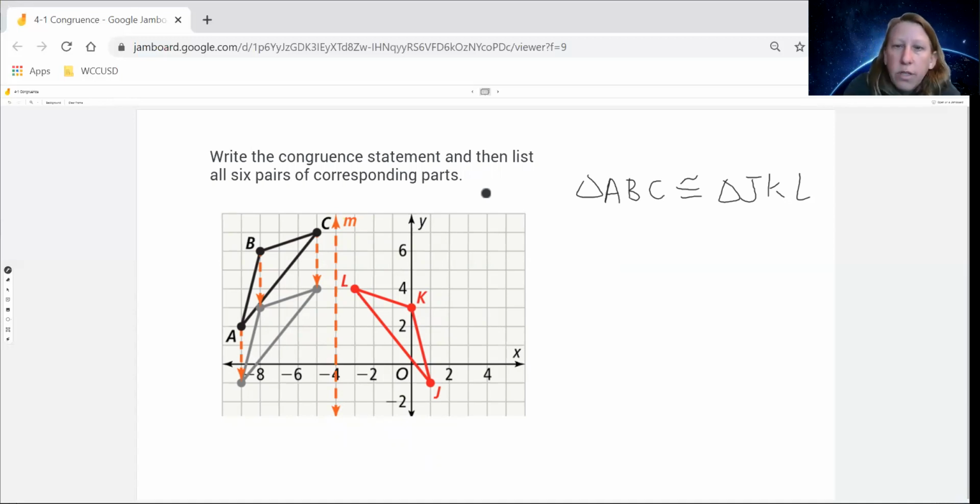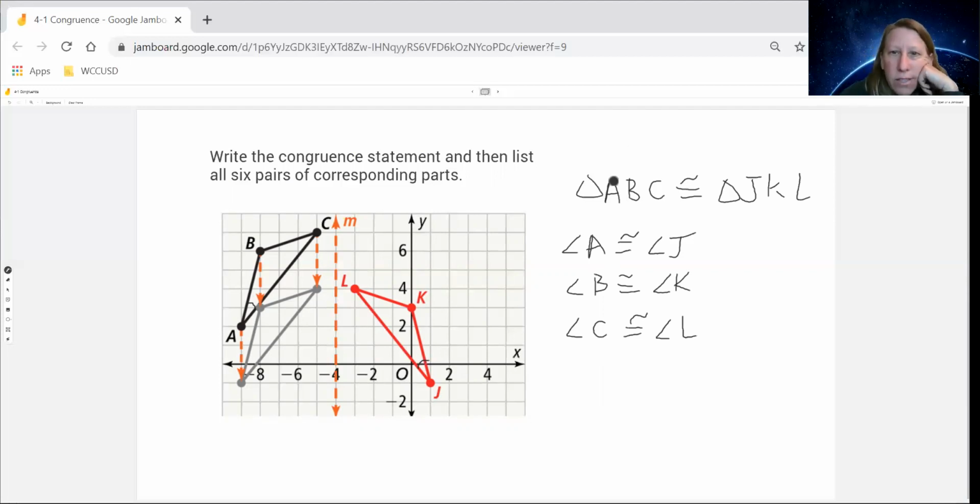That seems really complicated, but it's really easy. Angle A is going to map onto angle J. Angle B is going to end up the same size and shape as angle K. And angle C is going to map onto angle L.